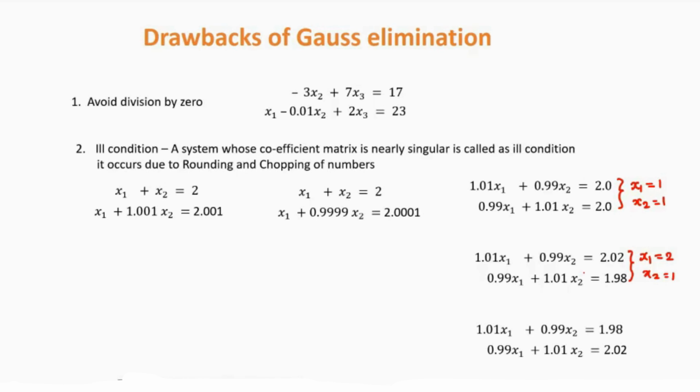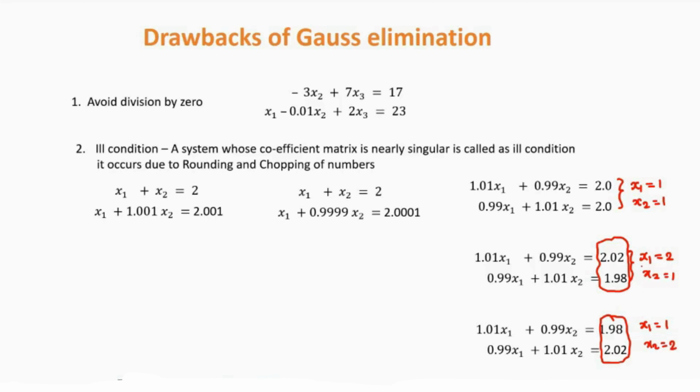Here the entire thing is the same, but we have modified here. Instead of 2, it is 2.02. Instead of 2, it is 1.98. So here also we exchanged these values. After exchanging these values, you will get x1 is equal to 1 and x2 is equal to 2.